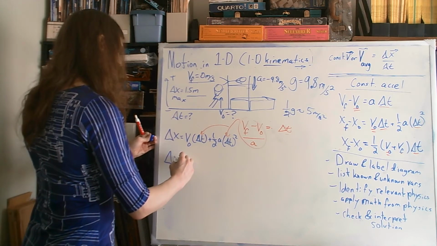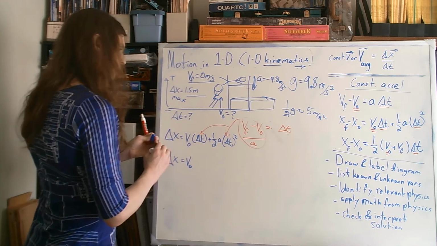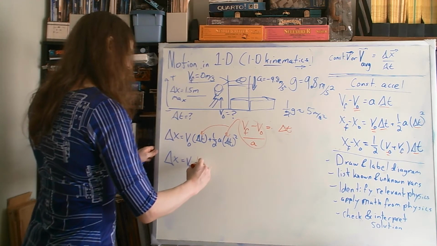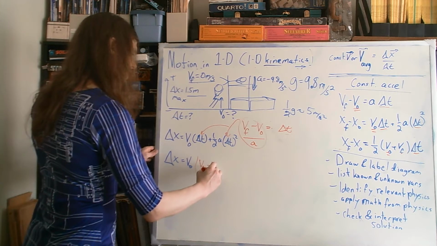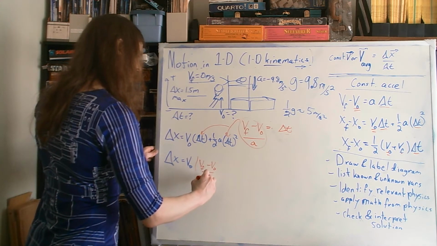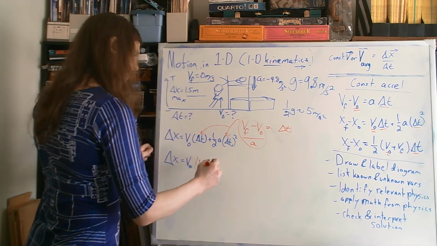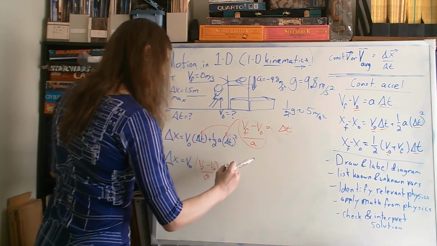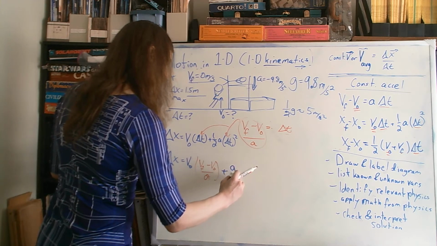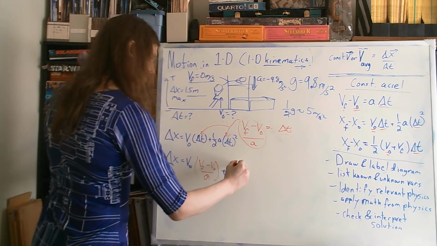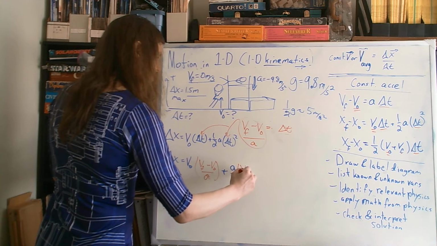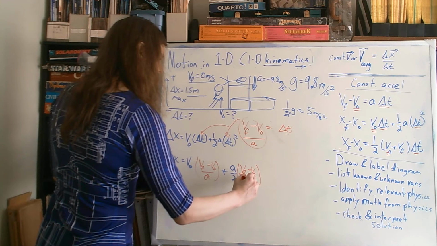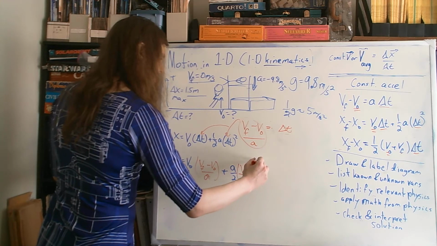So change in position is v0 times v final minus v0 over a, plus a over 2 times v final minus v0 over a squared.